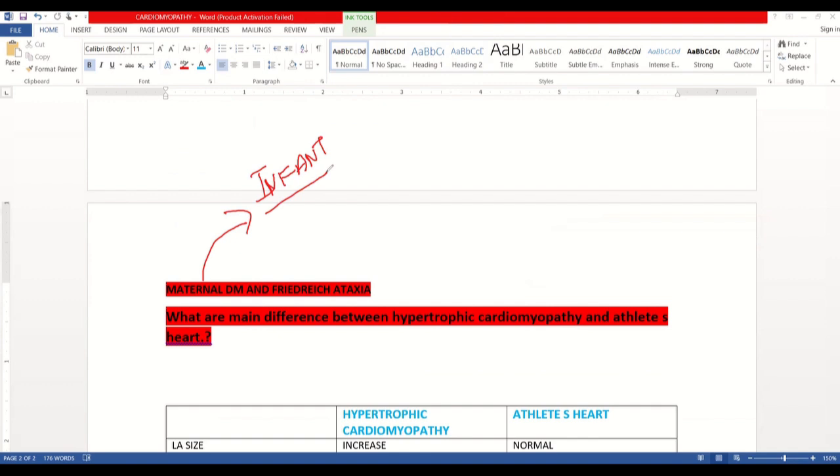We already know about Friedreich ataxia. The hypertrophic cardiomyopathy that takes place in the infant is a transient hypertrophic cardiomyopathy.